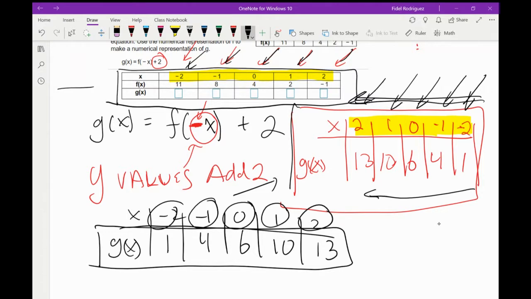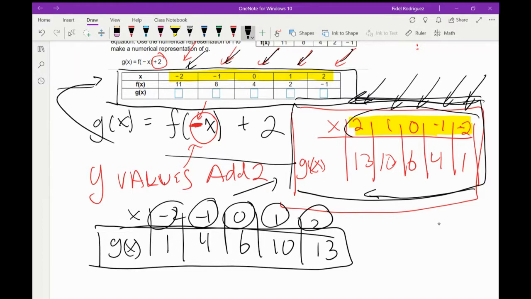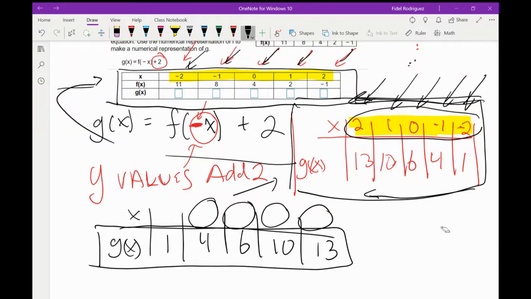So when I look at my table that we just made, I say, I want this table to look more like that one. So let me put these x values the way they're supposed to be, the -2, the -1, the 0, 1, and the 2. If I'm putting these in this order, when x is -2, the g value was 1.